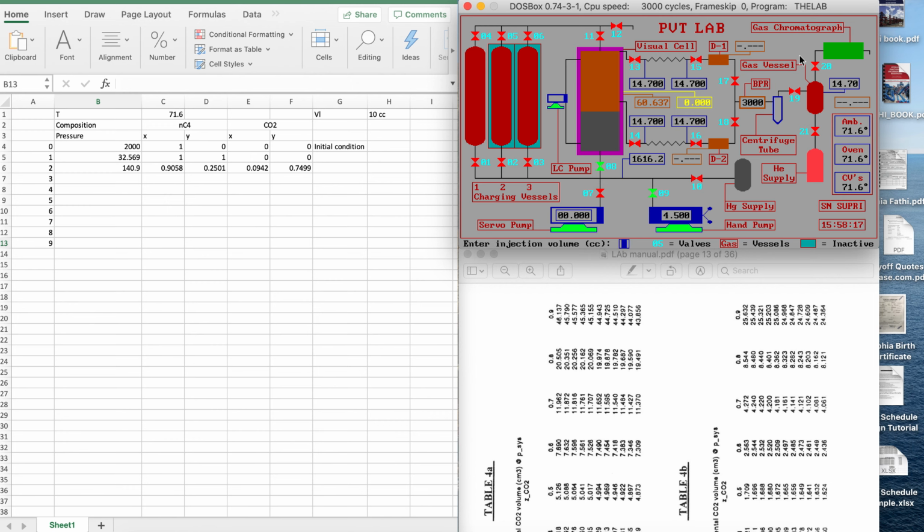I'm going to remove minus 4 cc's. I'm going to remove minus 4 again. Oh, I need to shake this out.